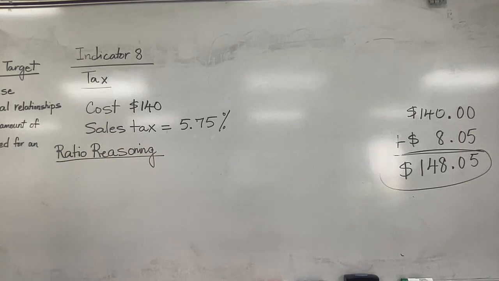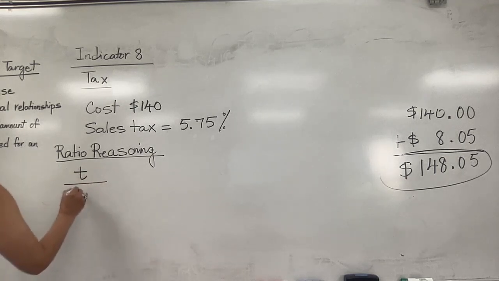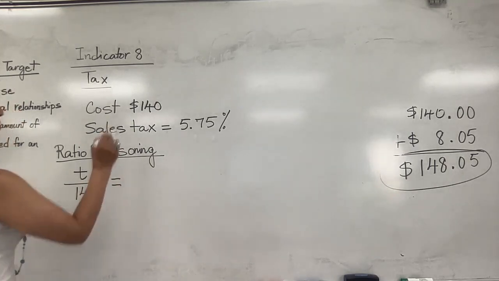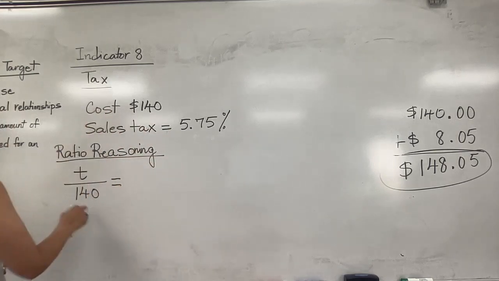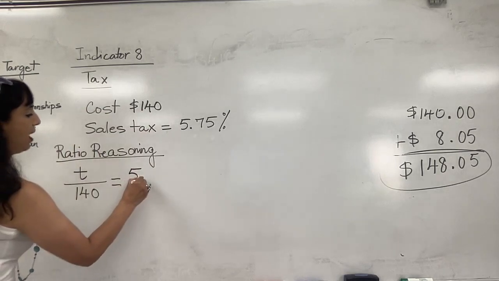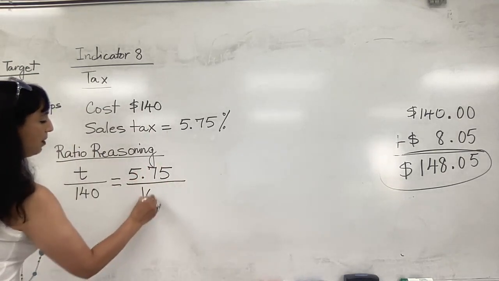So we know that the proportion, we are going to write a proportion relating the two equivalent ratios. So let's say T represents the amount of sales tax. All right. So this is the tax over the cost, which is $140, is equal to, as we said, the tax over this cost, the sales tax is 5 and 7500%.